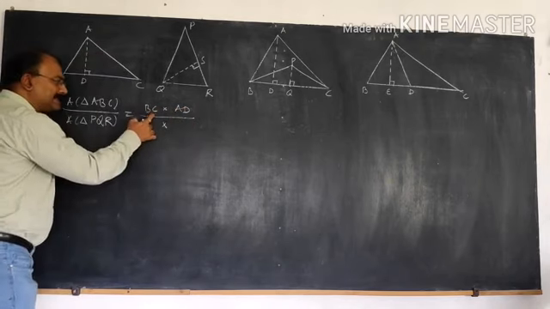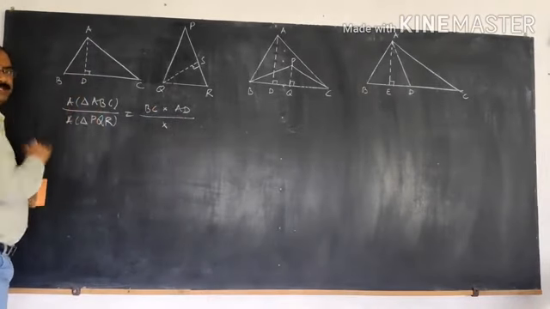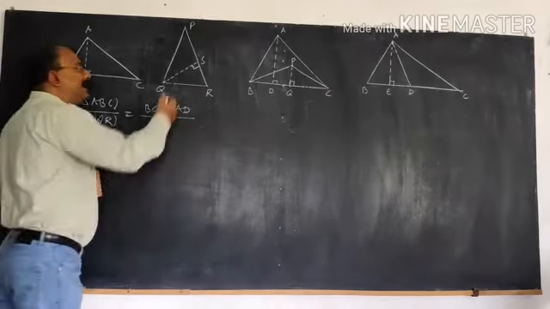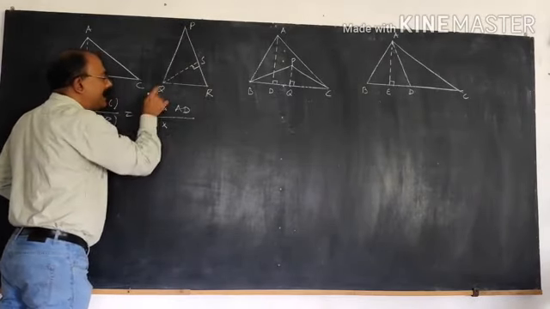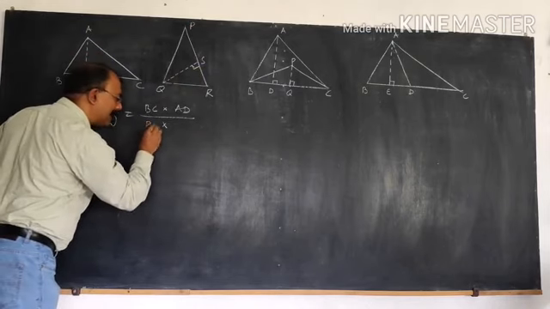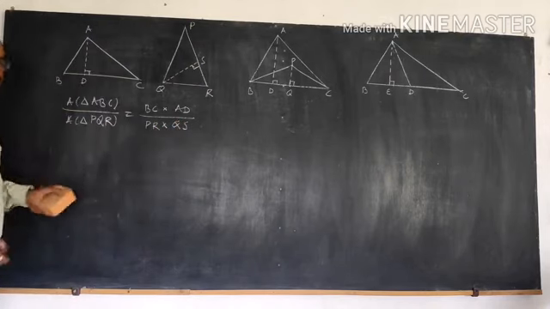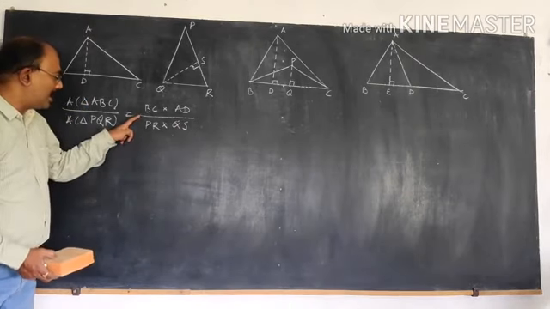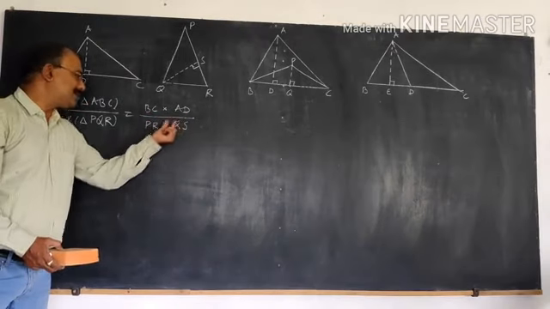This is the base and the height, pair of base and height of triangle ABC. In the lower triangle, you can take any side as the base. So here we have shown PR as the base and QS will be the height. So I am taking PR into QS. So the first property says that the ratio of areas is equal to the ratio of products of base and corresponding height.